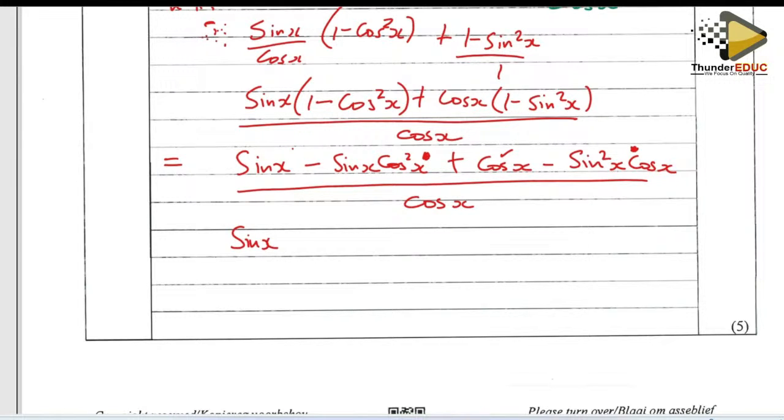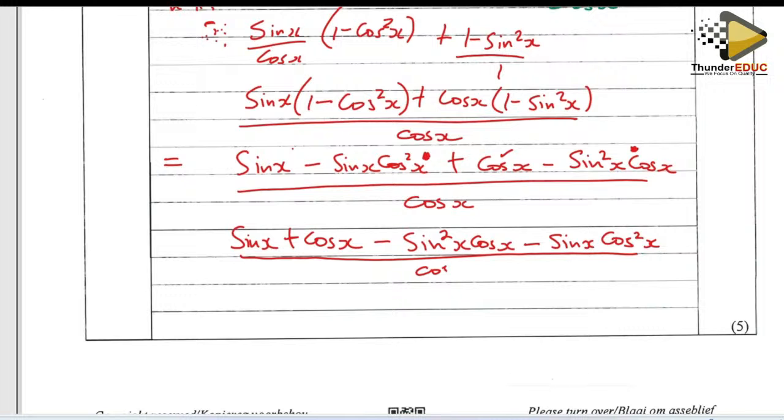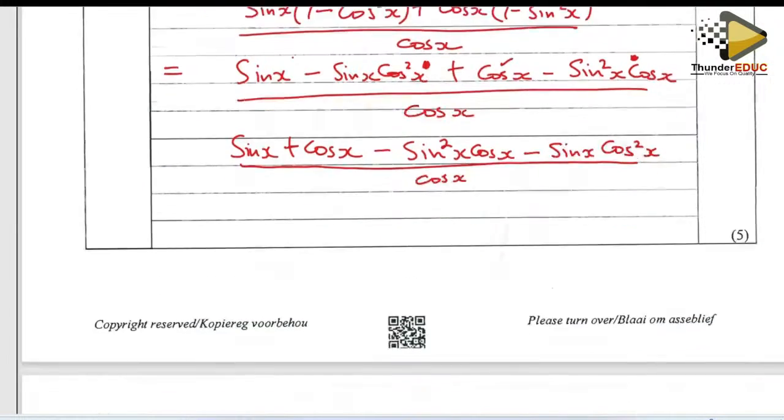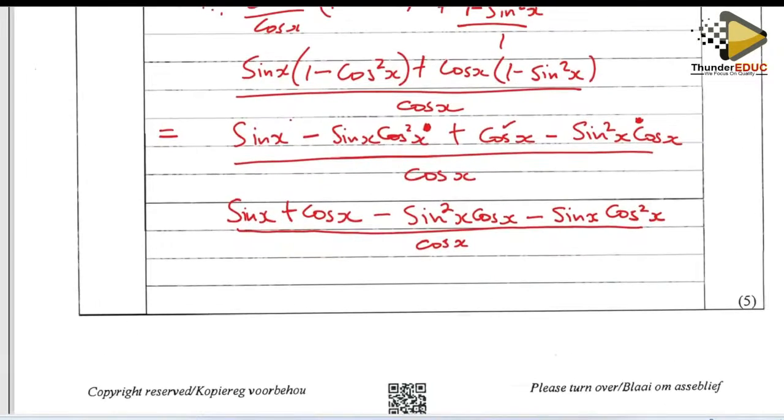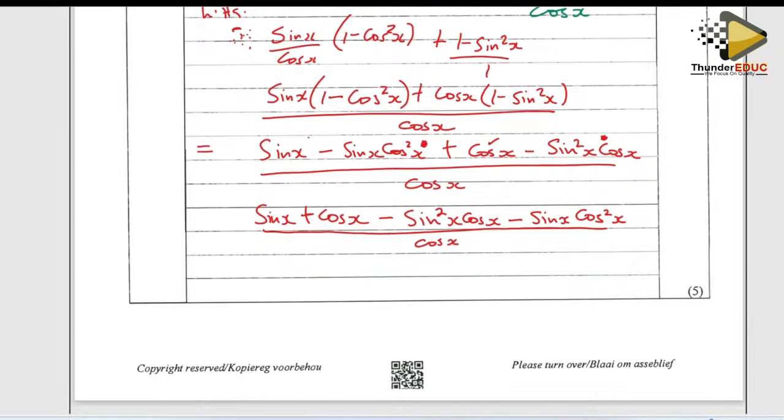So I'll have a sine x plus a cos x. Okay. Then I'm going to have negative sine squared x cos x minus sine x cos squared x. Everything is over the cos of x. Okay, let me see if I can break this down. So this is going to be a sine x plus a cos x.